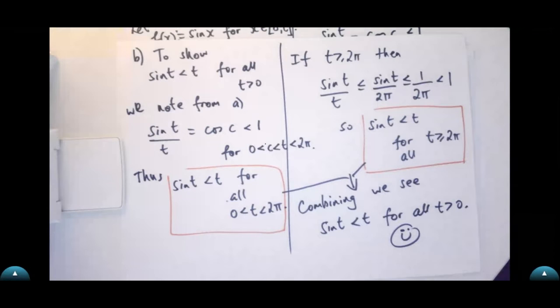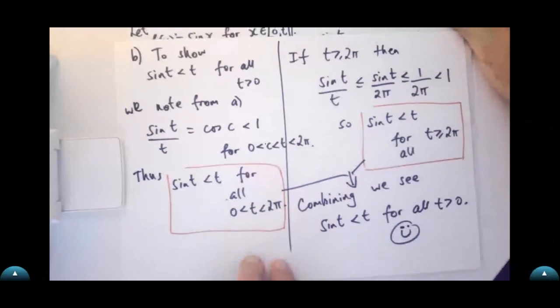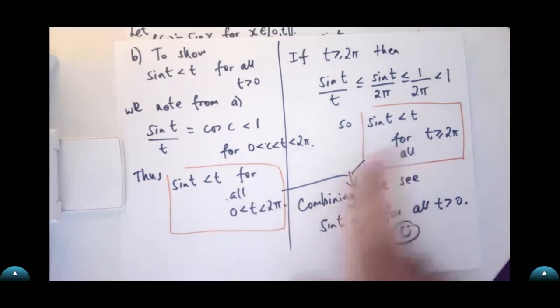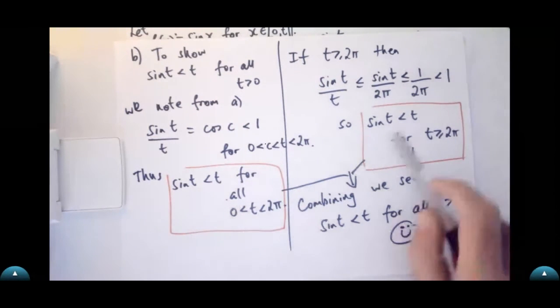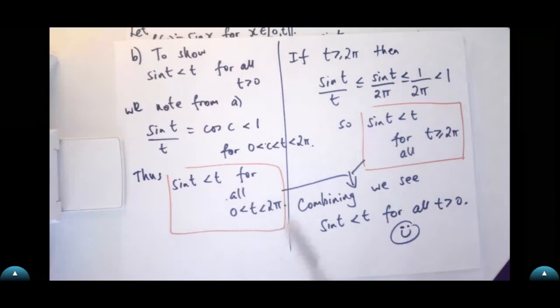Okay, so pretty good, right? The way I've done it is to split it up into two parts. There may be other ways of doing this problem, but I think this is a very simple way because you're just using it on an interval and you get the other one for free.